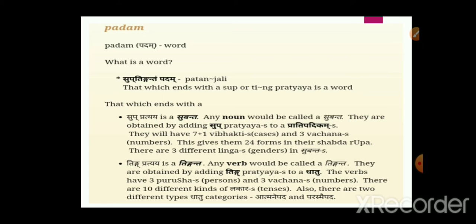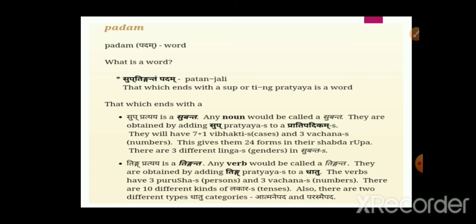And apart from this, you need to know about one more thing. Lingas, genders. Gender in English, in Sanskrit, we will call it as a linga. What are the genders we have in English? There are three genders: masculine, feminine, and neuter.